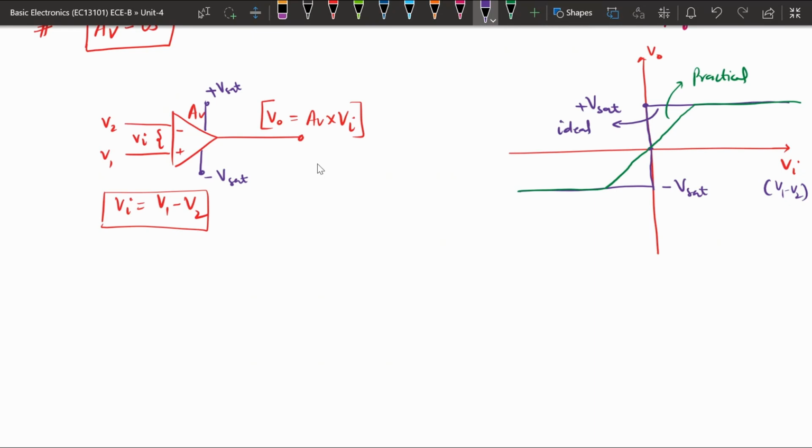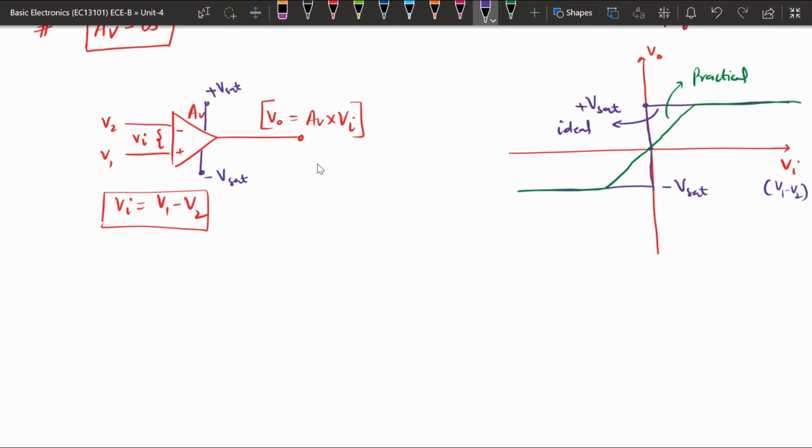There will be a linear relation. As we increase Vi, the output voltage will increase. So if the output voltage after multiplying by the gain is less than plus V sat, then it will be a linear relation. If the gain multiplied by the input voltage is equal to or greater than plus V sat, the output will be a constant plus V sat.